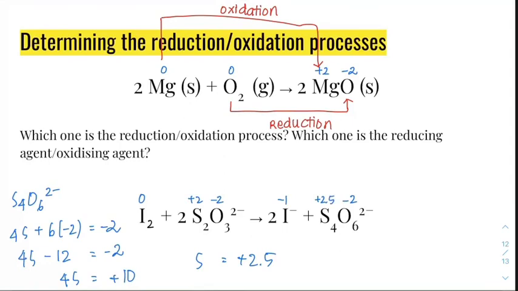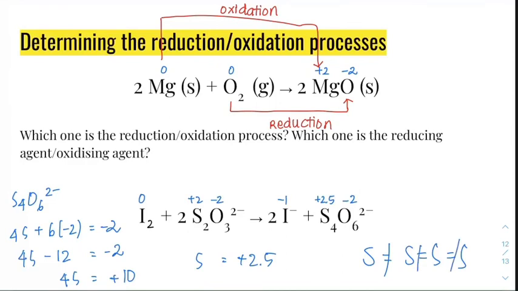Okay, so you might be asking, wait, is this an anomaly? No, let me explain first. The calculation is correct. We should have the +2.5. So why the decimal place? Because the individual partial charges of the 4 sulfur atoms are not equal. They're not all the same.